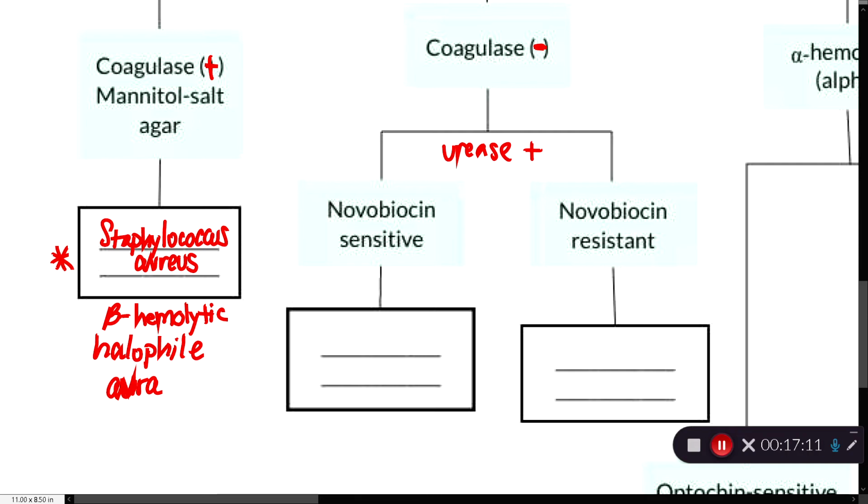Okay, so the one that is novobiocin sensitive is going to be a normal flora member of your skin. And it can be a common contaminant when you're collecting blood cultures. It's also a common etiologic agent of infection associated with prosthetic heart valves and hips.